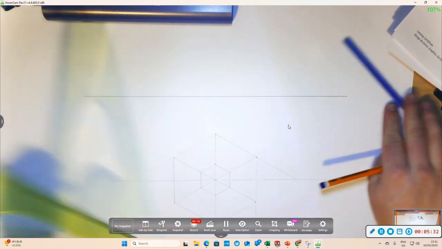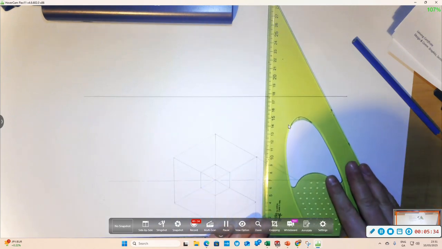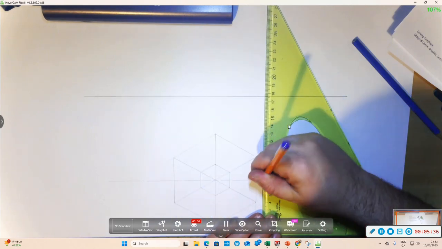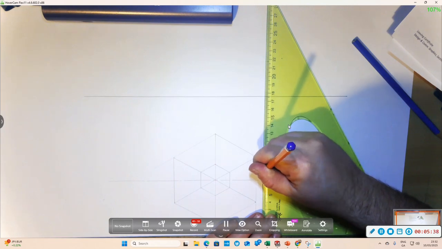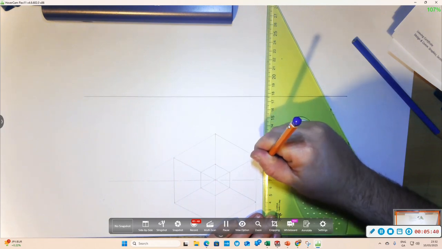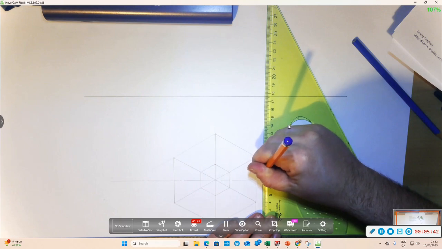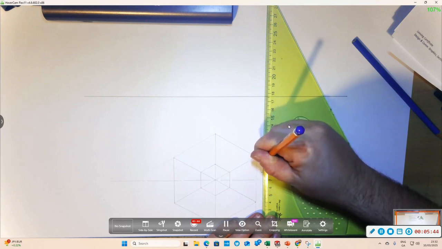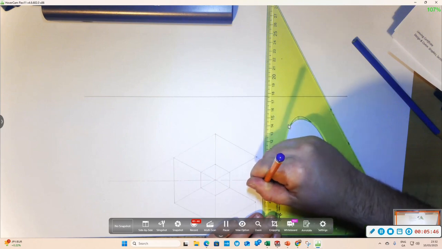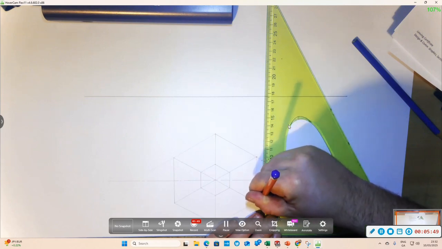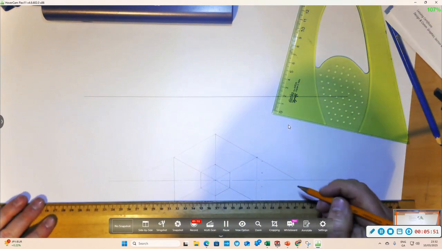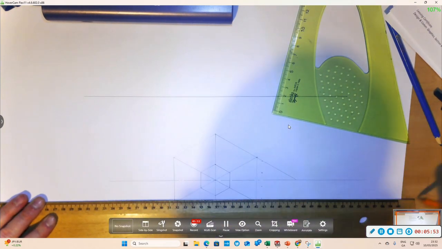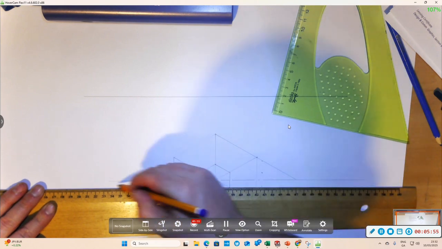Now we're going to do this lightly. So we're going up 9, and up 25. And as I said, we're doing it lightly. Down 9, down 25. So I'm going to draw a light line across there for the time being. I'll heavy it in later.